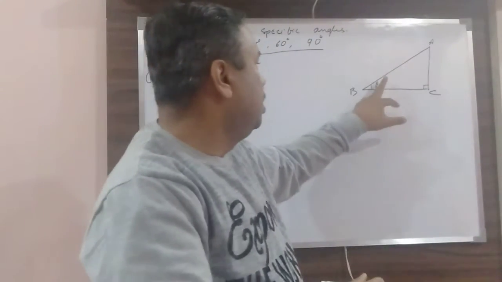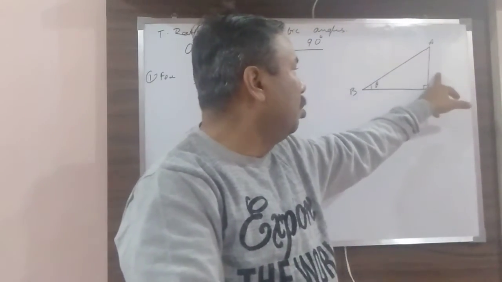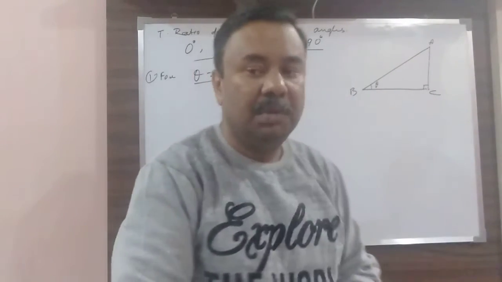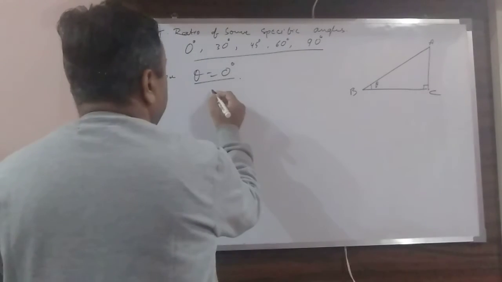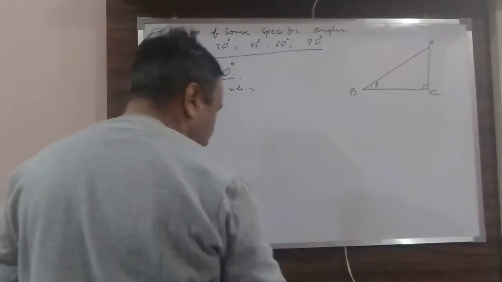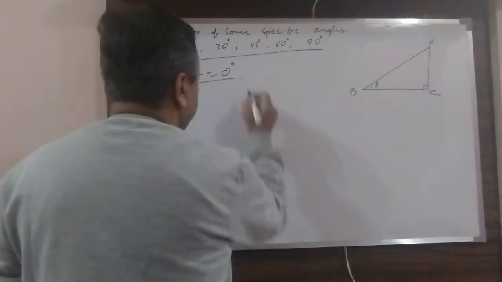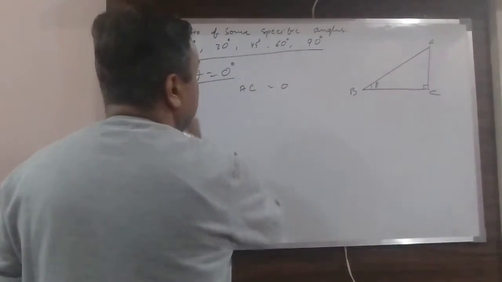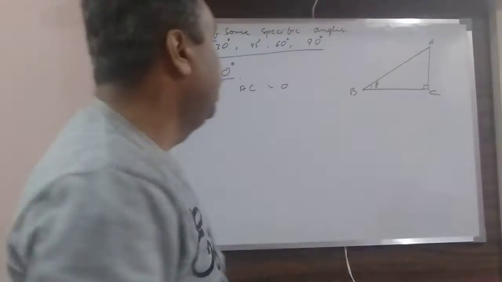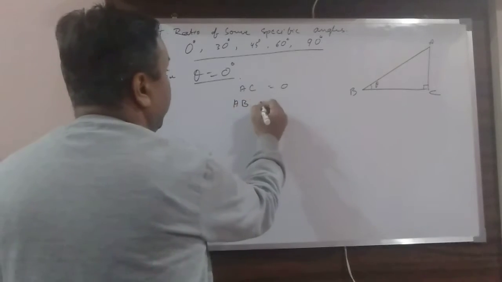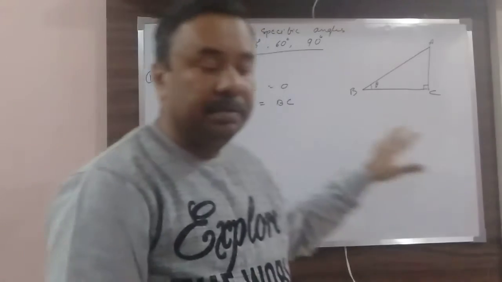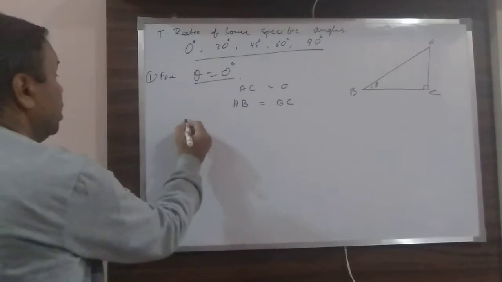If this theta is 0 degree, that means A will be coming closer to C and it will be actually overlapping C. So in that case, what do I get? The opposite side, or I should say, instead of opposite side, I should write AC. AC will become 0, first thing. And when A is overlapping C, that means AB will be equal to BC. Got it? Now, what will be sine 0 degree?